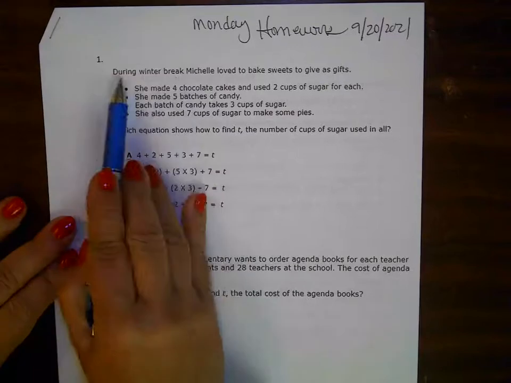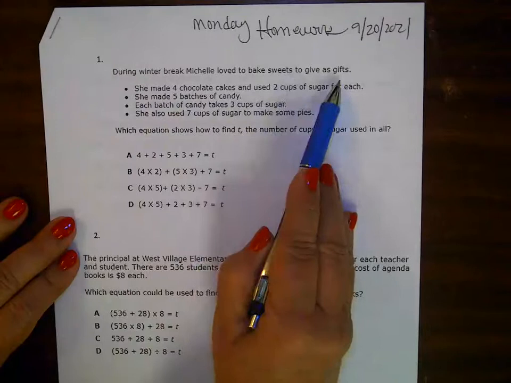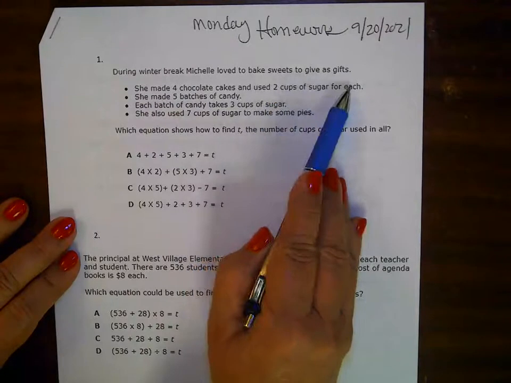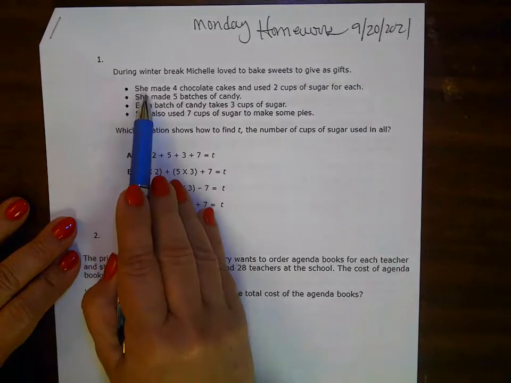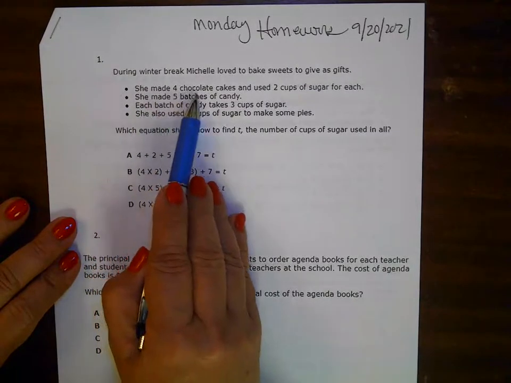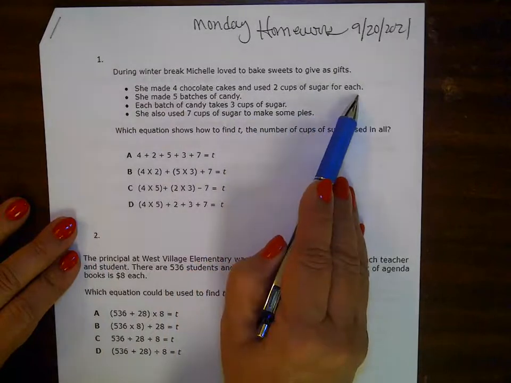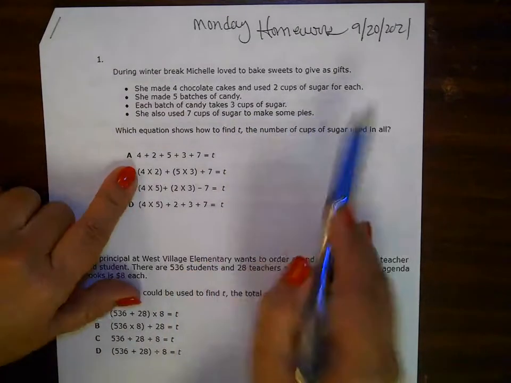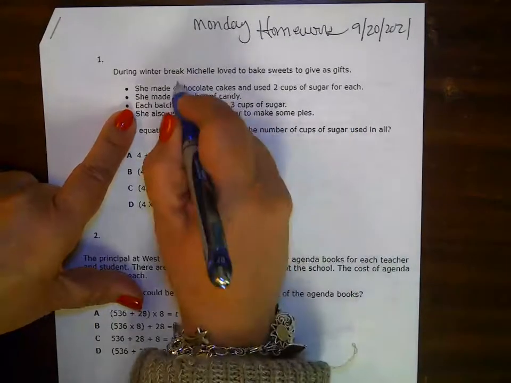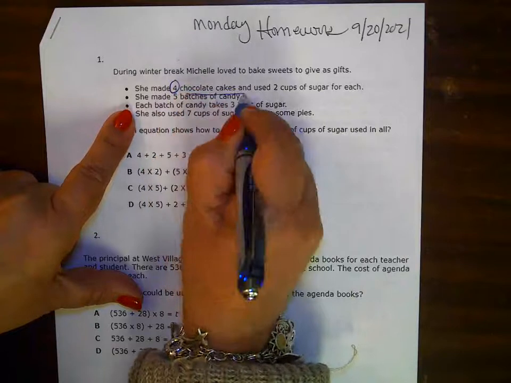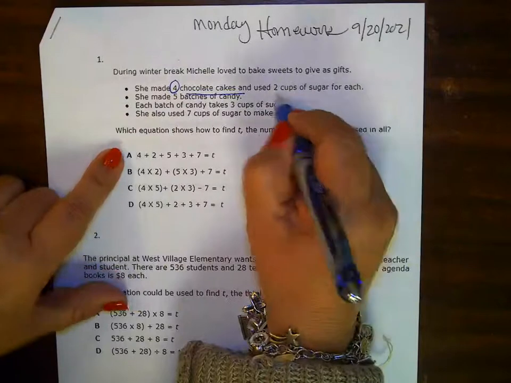So on this first question, during winter break, Michelle loved to bake sweets to give as gifts. Looking at our bullets, this is what she did. She made 4 chocolate cakes and used 2 cups of sugar for each.